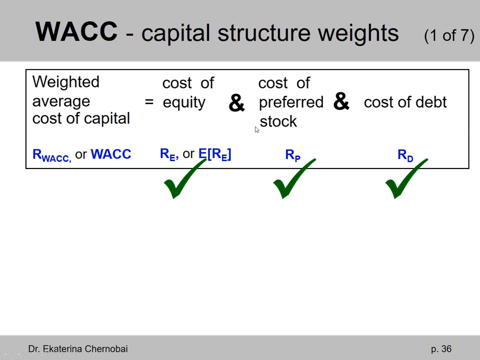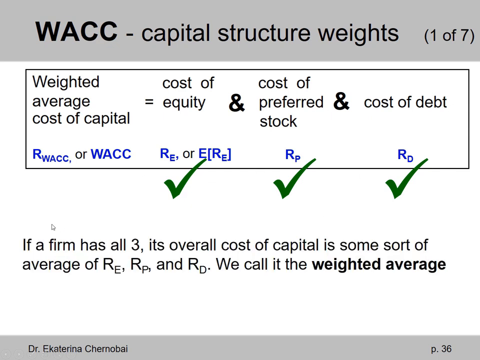We have just reviewed the calculation of each of these three costs. And now we need to connect them. So if a firm has all three in its, as we say, capital structure, so it uses money that comes from bonds and preferred stocks and common stocks, then we need to use some sort of average of the cost of equity, cost of preferred stock, and cost of debt. We call it the weighted average.